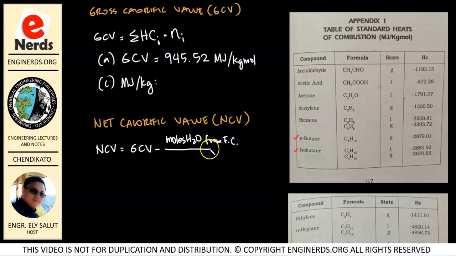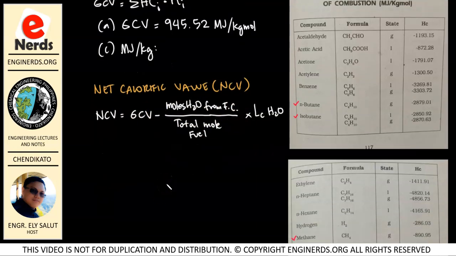Okay, FC na lang kasi di kasya, no? Then over total number of moles sa ating fuel. Okay, then we will multiply that to the LC of water. Okay, so again, yung LC natin is yung latent heat of condensation natin. Okay, so alam natin yung GCV pero hindi natin alam yung moles of water natin dito.